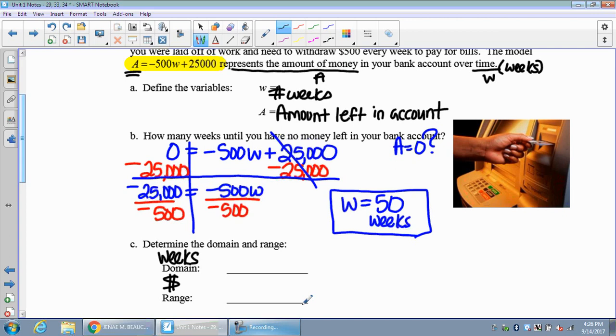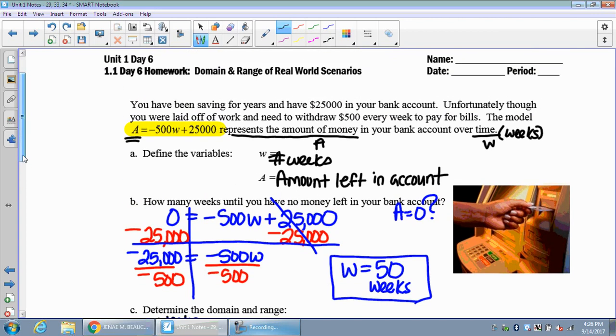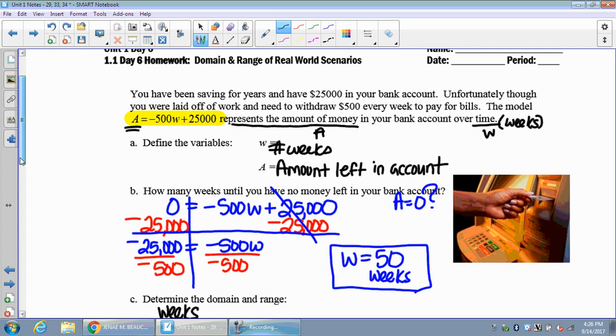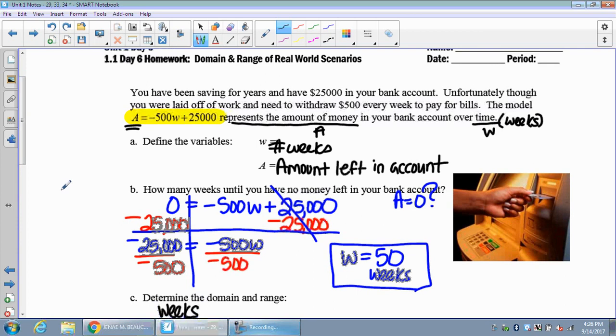So now I'm going to look to see, am I given a restriction on weeks or money? Well, if I read this, there's nothing that says you're going to take out for this many weeks, but do you have an infinite amount of money in this account?